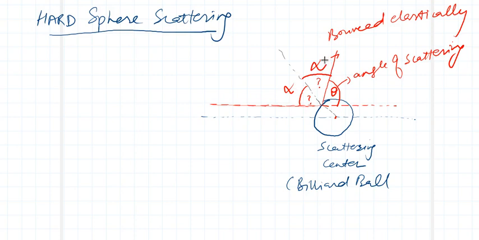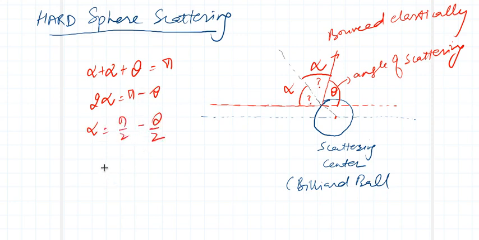This angle must be equal to this angle. So that means alpha plus theta must be equal to pi, right? So 2 alpha is equal to pi minus theta. So alpha क्या आ जाता है, pi upon 2 minus theta by 2.